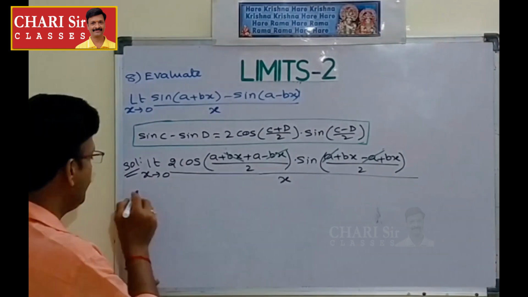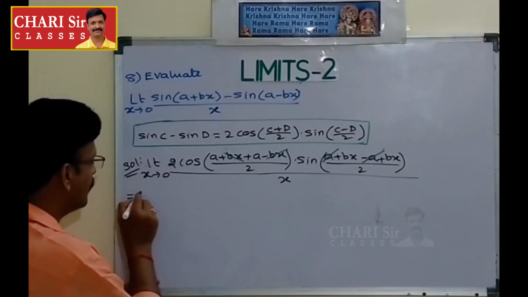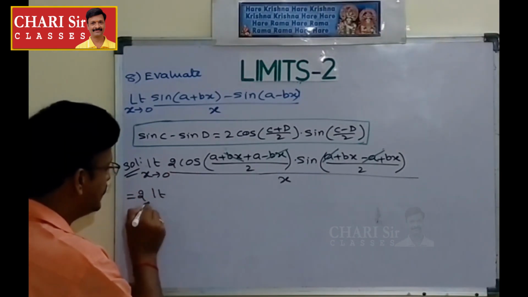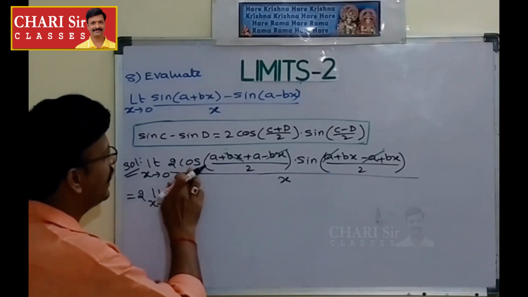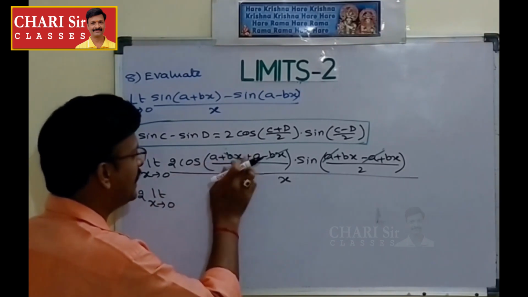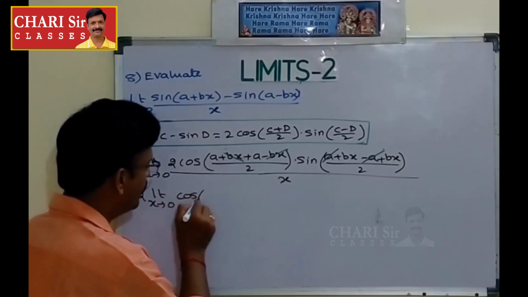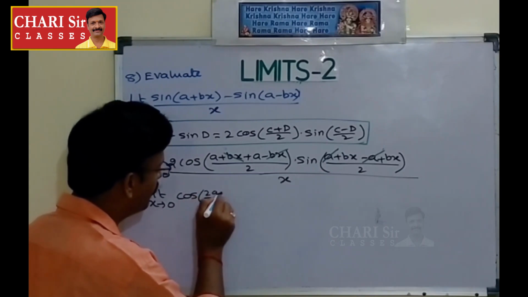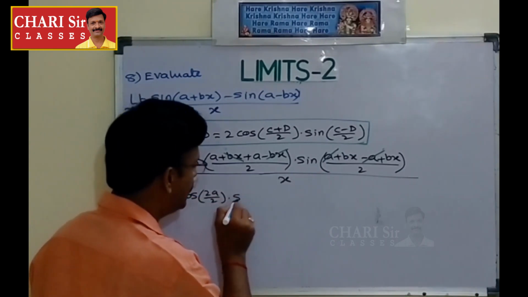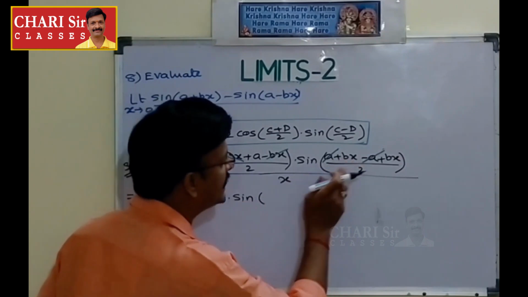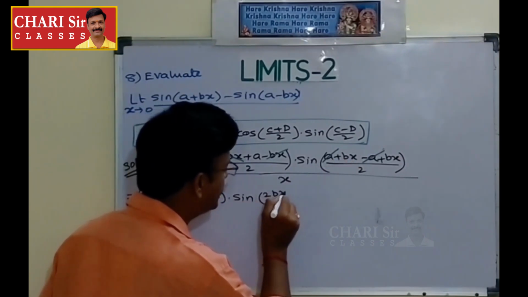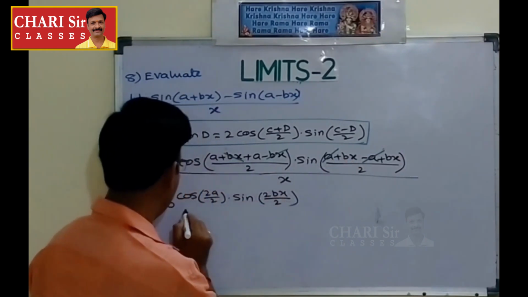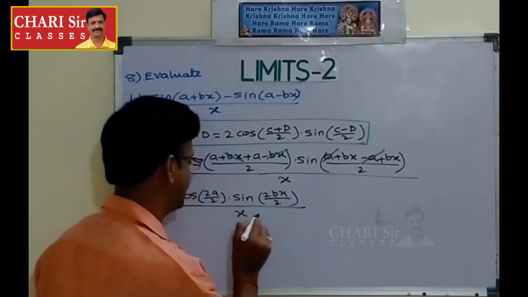Now the remaining terms: 2 is a constant, you can write it outside, limit x tends to 0 of cos of (a plus a, that is 2a) by 2, into sin of (bx plus bx, that is 2bx) by 2, divided by x.